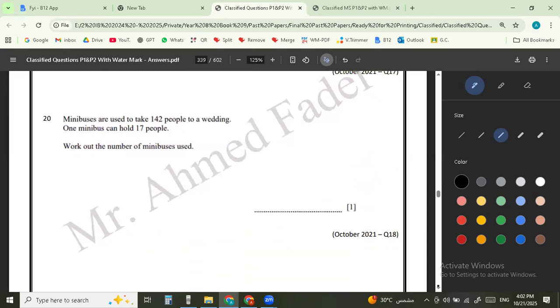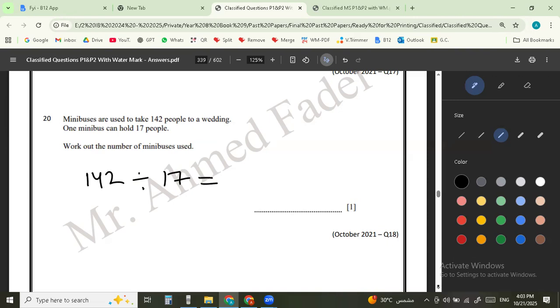Minibuses are used to take 142 people to a wedding. One minibus can hold 17 people. Work out the number of minibuses that are needed. So I have 142 people, but each minibus can take only 17 people.